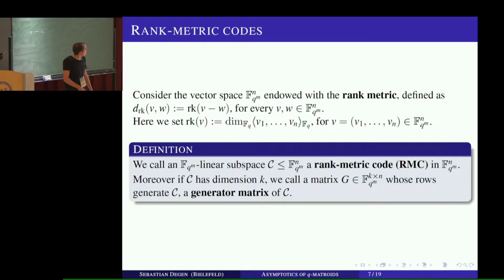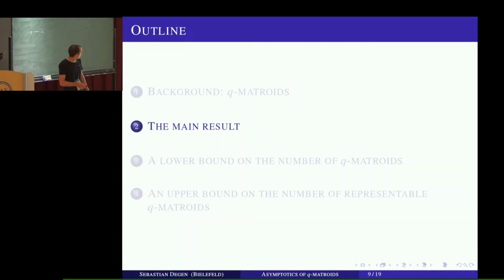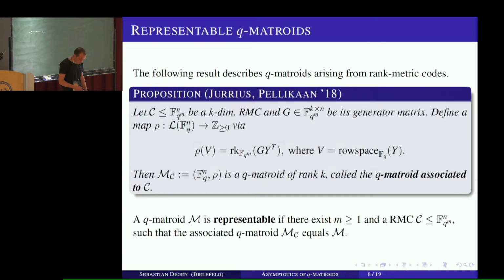Okay, now how to go from the rank metric code to the q-matroid? This we can do via this proposition from Larsen and Jani in 2018, saying that whenever we have a rank metric code and its generator matrix, we can find the following rank function, where we simply take the F_q rank of the matrix product of the generator matrix of our code and a generator matrix of our input space.